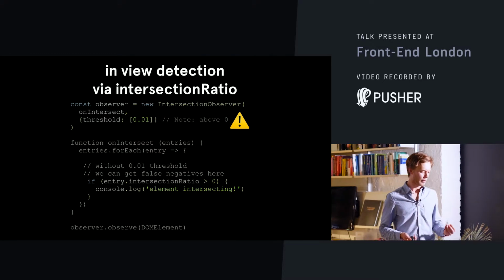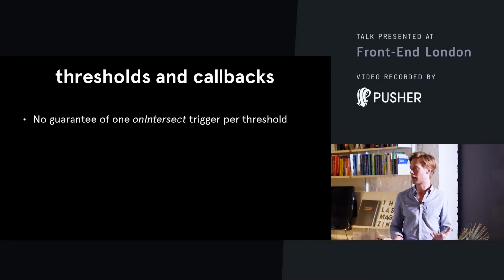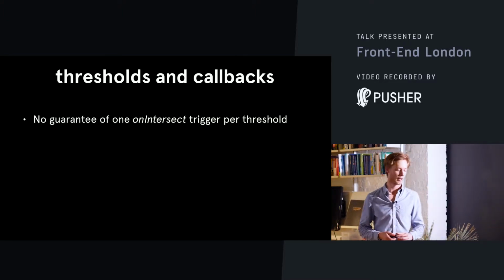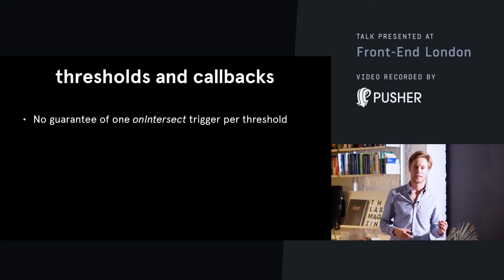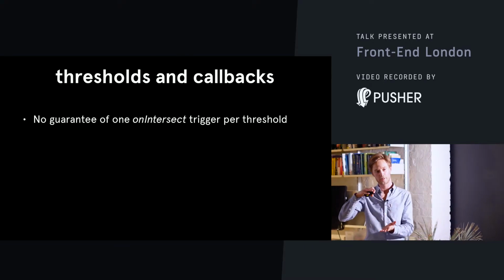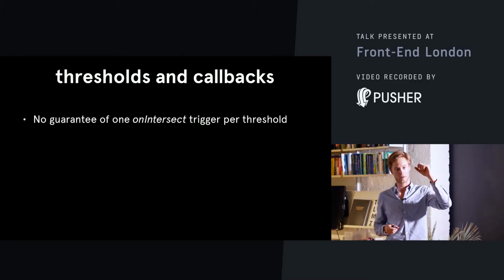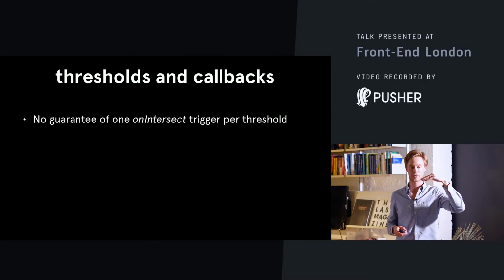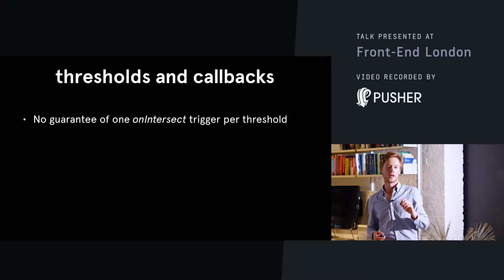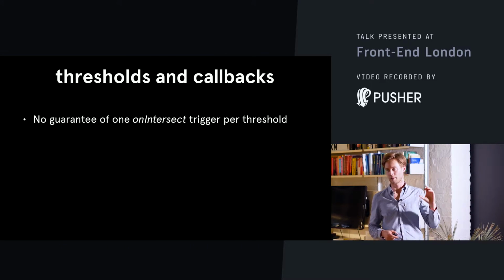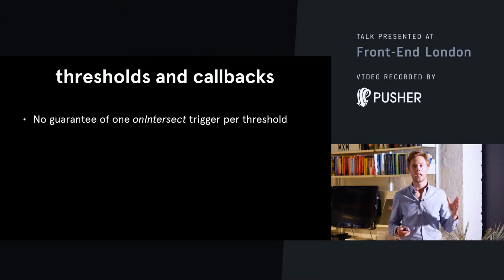I've gotten some questions about the IntersectionObserver API about thresholds and callbacks, so I want to say a little bit about that. As you maybe already intuited from the demo I gave, when I specified 100 values in the last threshold array, so that it was supposed to update with each percentage point of the element that I crossed, you don't actually get one callback per intersection ratio threshold in the threshold array.